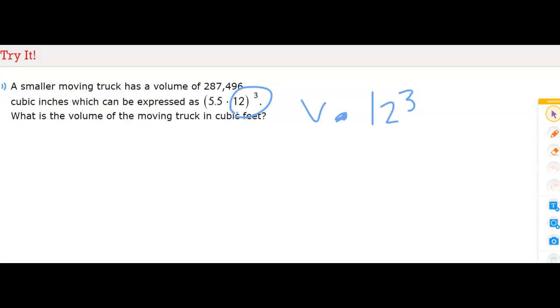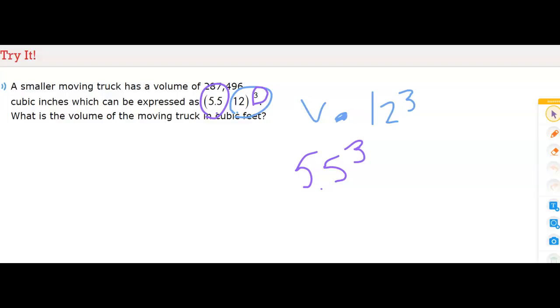And then the volume is going to be, let me choose a different color, the first number, which is 5 5/10. Well, we see that we have the cube there. So we have our cube to our number. And so the volume of this smaller moving truck would now be 5 5/10 to the third power.